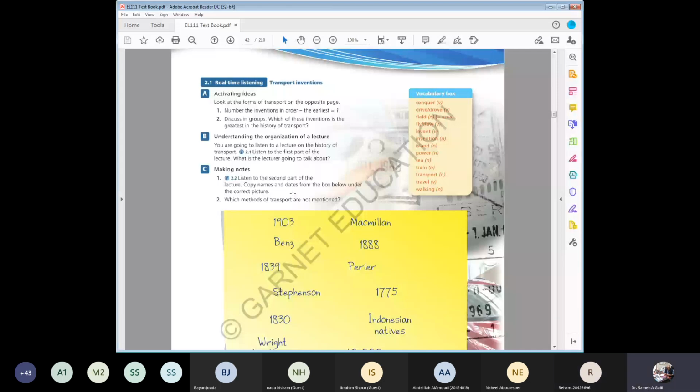So again, oldest, earliest, greatest, smallest, biggest, newest. When I say oldest, what do we have? We have an adjective and we have est attached to it. We have early and we have est attached to it. We have great, which is an adjective, and we have est attached to it. What's the structure?